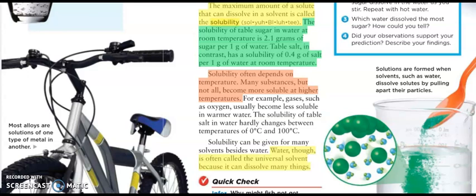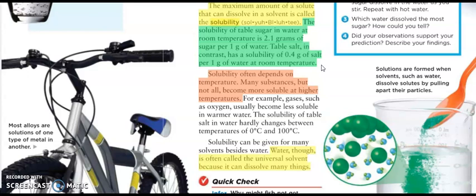As an example, the solubility of table sugar in water at room temperature is 2.1 grams of sugar per 1 gram of water, and table salt in contrast has a solubility of 0.4 gram of salt per 1 gram of water at room temperature.